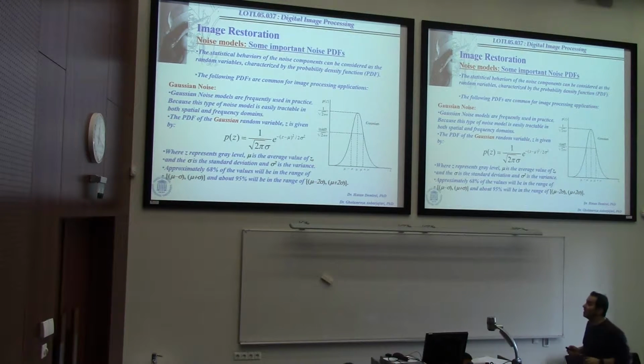I mentioned it's the Gaussian noise and it's the PDF of the Gaussian noise, and you can see it's similar to the Gaussian function that here we use as a noise.